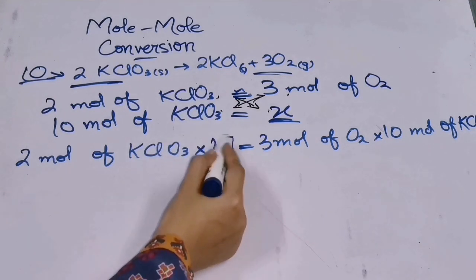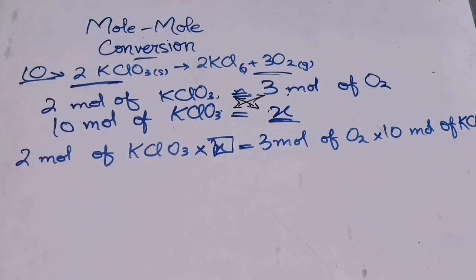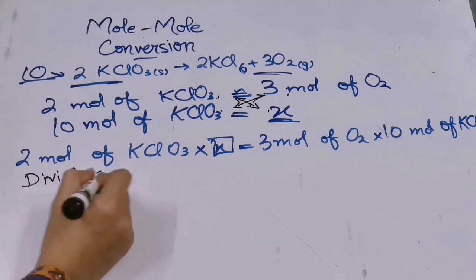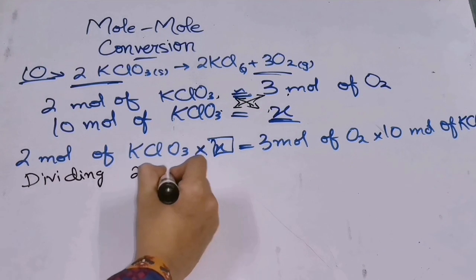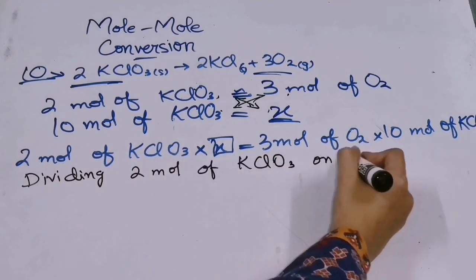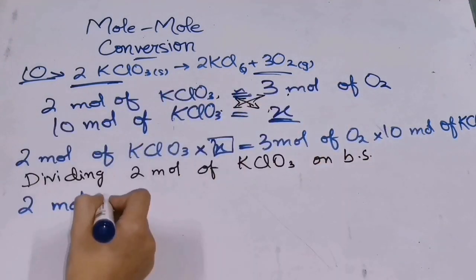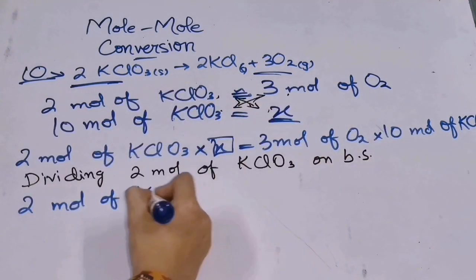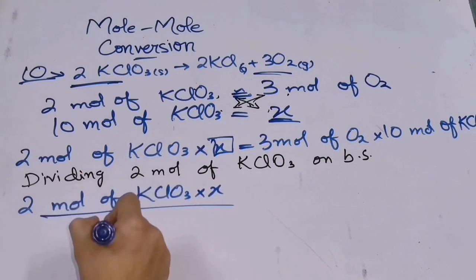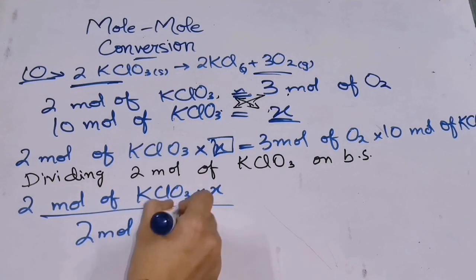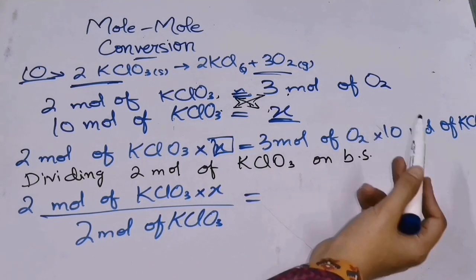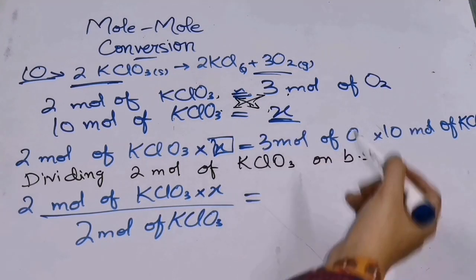Now X will stay in its place and we will write in a statement: dividing 2 mole of KClO3 on both sides. Now we will write 2 mole of KClO3 multiplied by X divided by 2 mole of KClO3, which will be equal to, we will rewrite these values and divide it by 2 mole of KClO3.